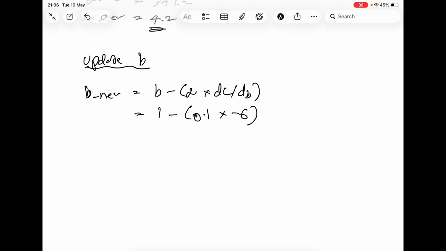So let's take the new b, and we substitute the values. B was 1, and 0.1 into minus 6.